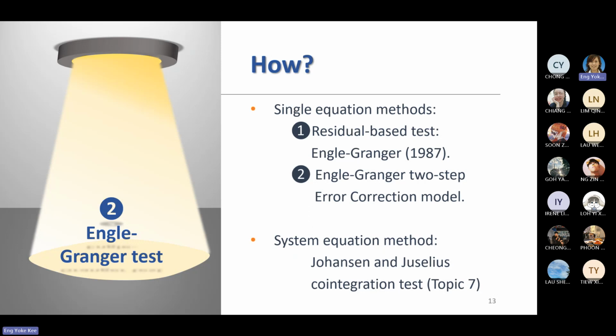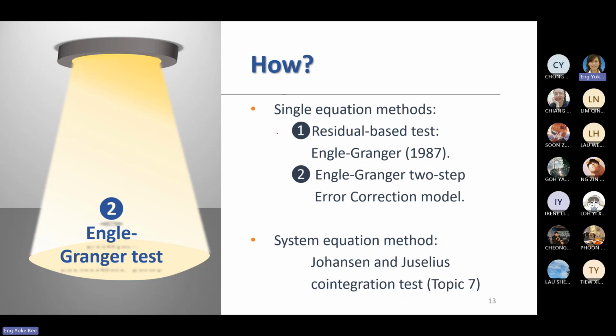Okay, next we want to look at how you detect this co-integration. In empirical work, there are 2 approaches. First is what I call the single equation approach. The second one is what we call the system equation approach. So we are going to learn these 2 approaches.